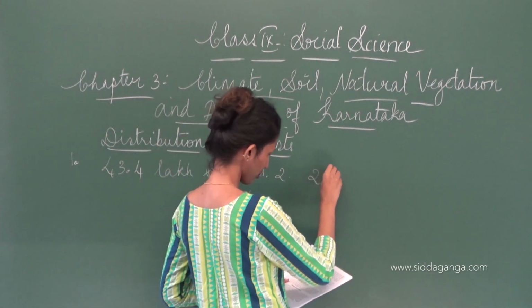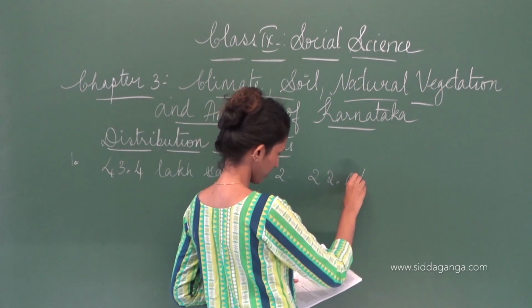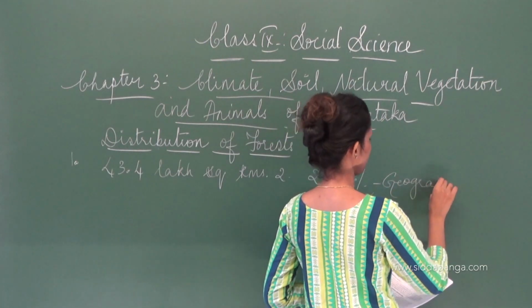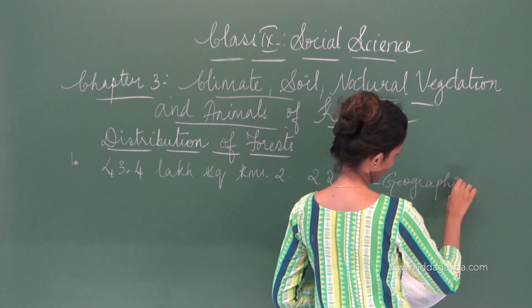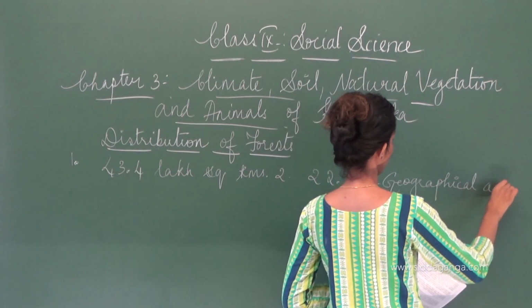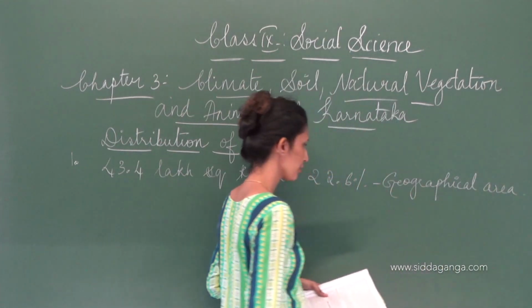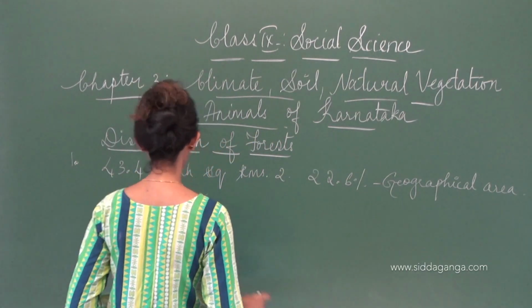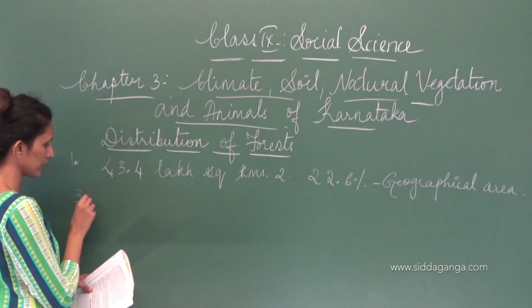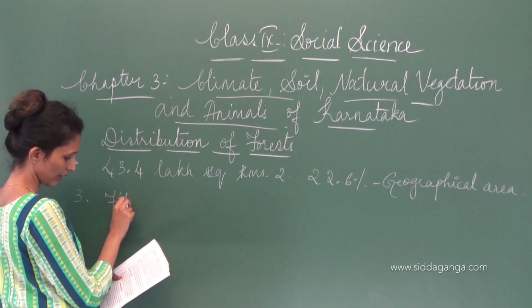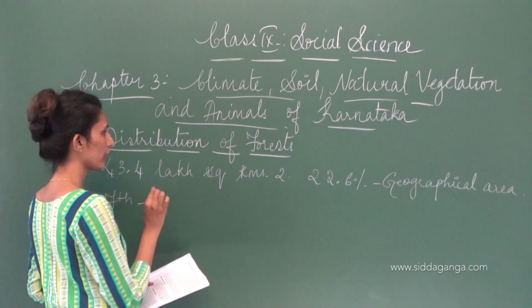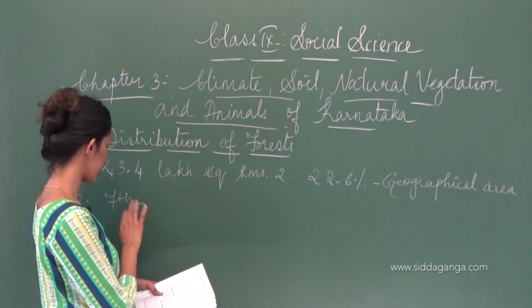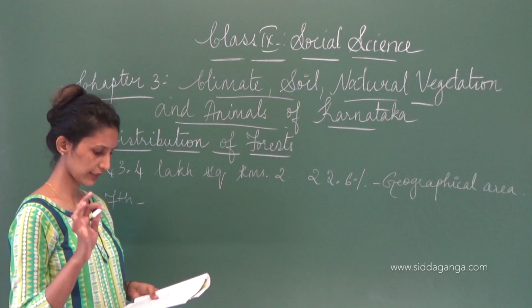That amounts to 22.6% of the geographical area. And Karnataka stands in the 7th place in forest resources of the country.